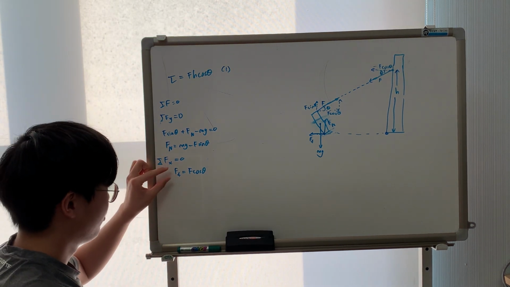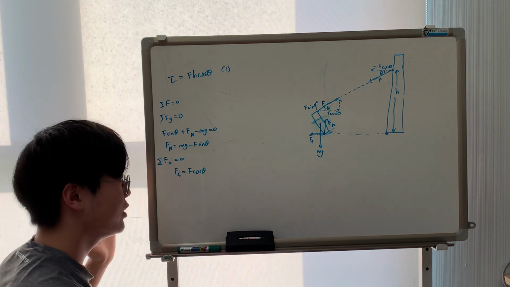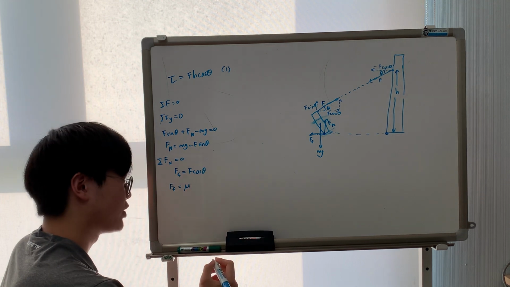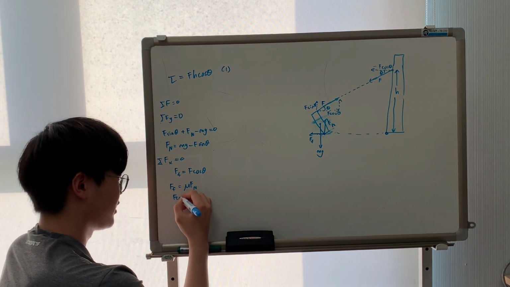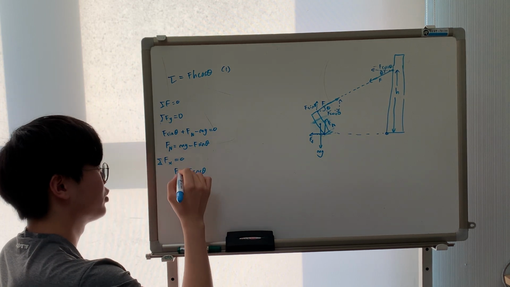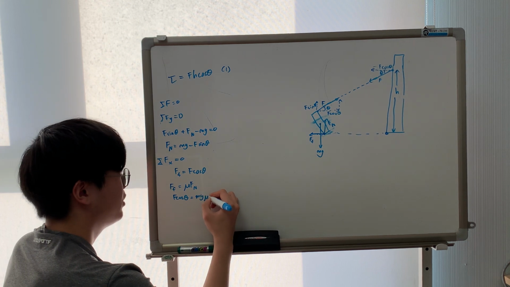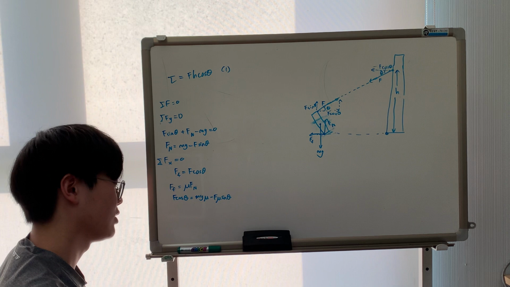Now, what do we know about the relationship between the normal force and the friction force? The friction force is equal to the coefficient of friction times the normal force, which means that F cosine theta, the friction force, is equal to mu times the normal force, which is mg mu minus F mu sine theta.